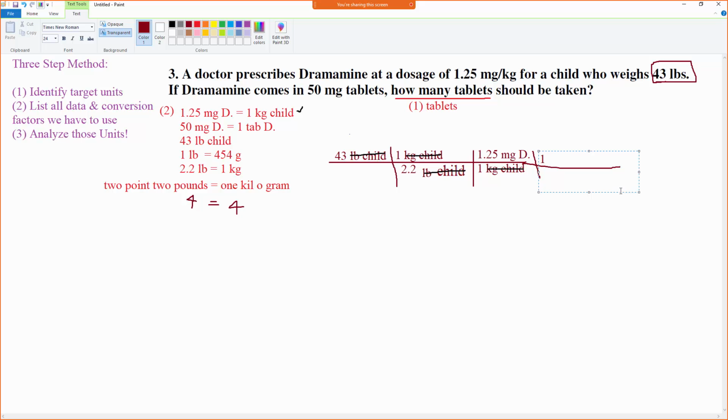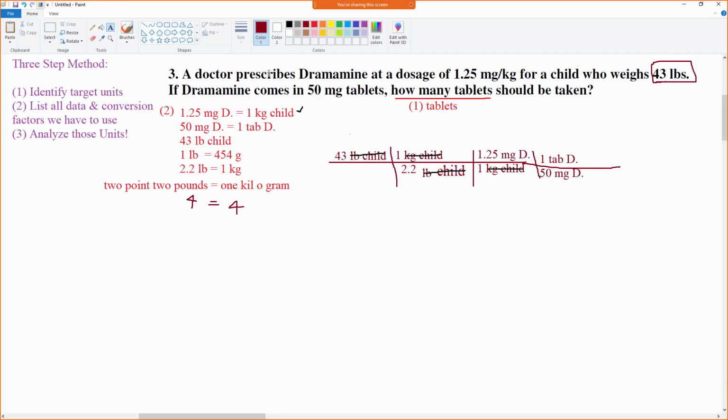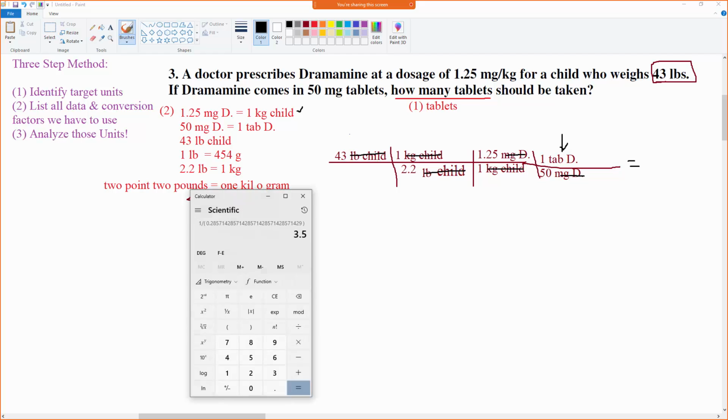One tablet of Dramamine contains 50 milligrams of Dramamine. Okay. Milligrams of Dramamine cancel. I'm left with tablets and they're on top. So I'm done. That looks good. That was the hard part. Now we do the easy part, right?